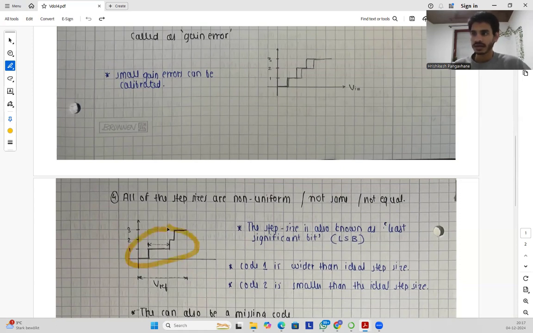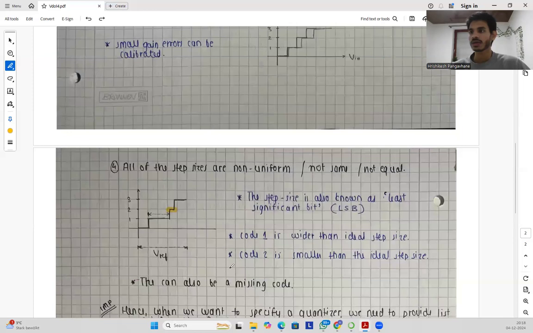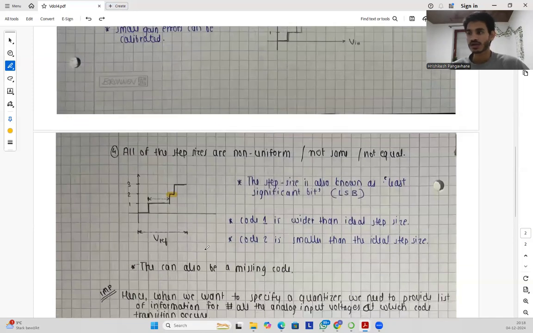When we look at this quantizer, all the step sizes are non-uniform: code 1 is wider than the ideal step size, whereas code 2 is smaller than the ideal step size, and we have our Vref going from 0 to this point. We can also have a missing code. We will also talk about it in the next slide.